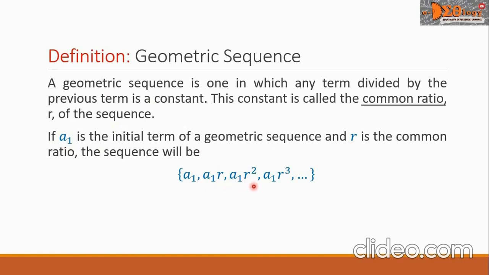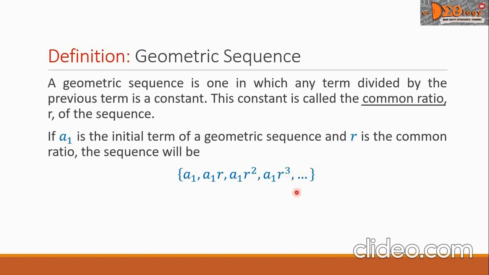For the third term, we will multiply the second term with the common ratio. That's why you see here a sub 1 times r squared. For the fourth term, this third term is again multiplied to the common ratio. So we have a sub 1 r cubed.